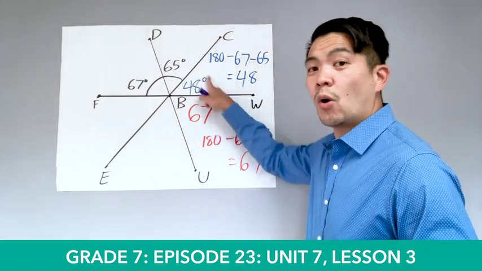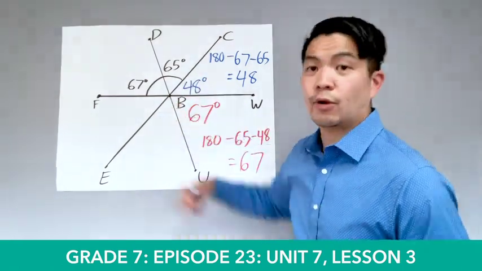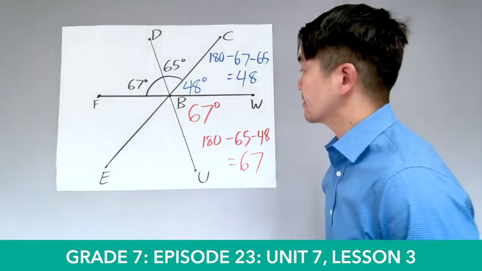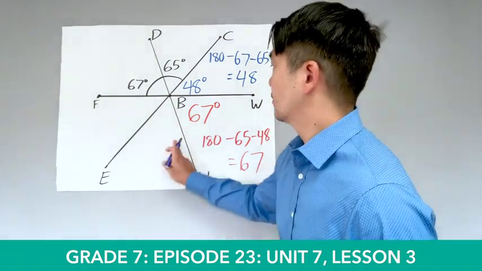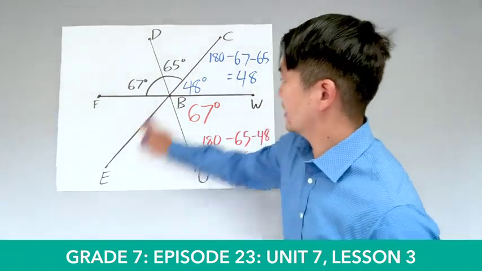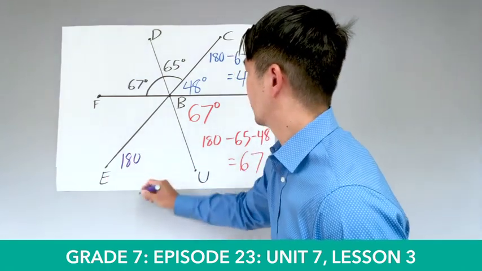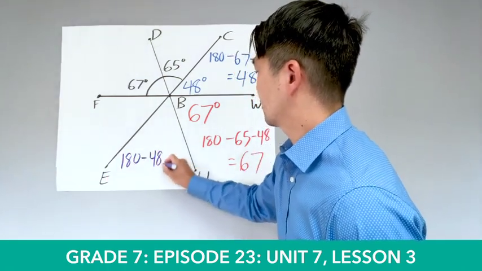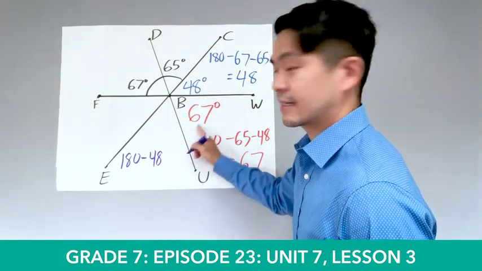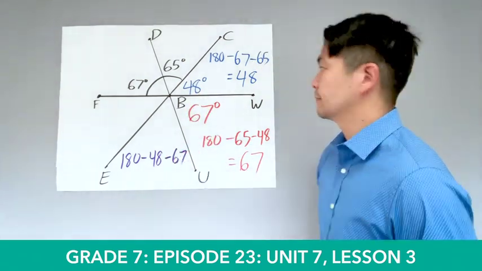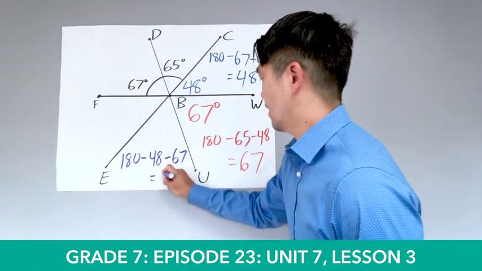I'm going to keep going around all the angles around center point B and using the same process. So for this angle, this time I'm using this straight line right here. We have 180 minus 48 minus the 67, and that gives us 65.